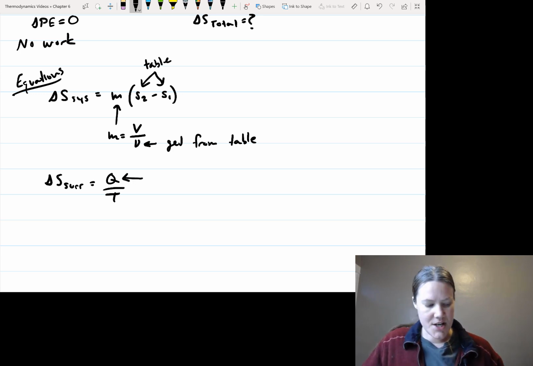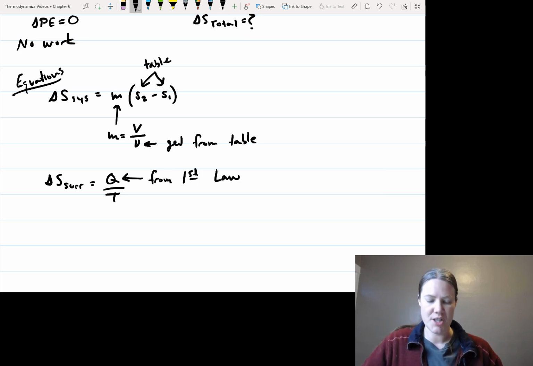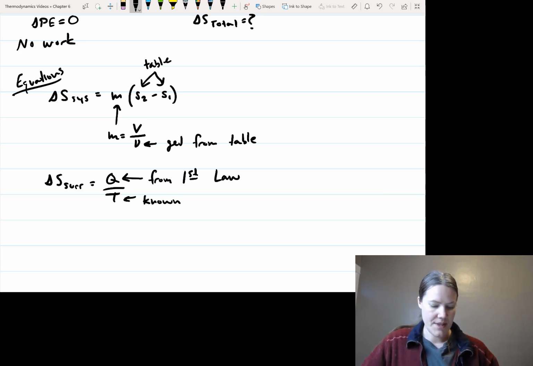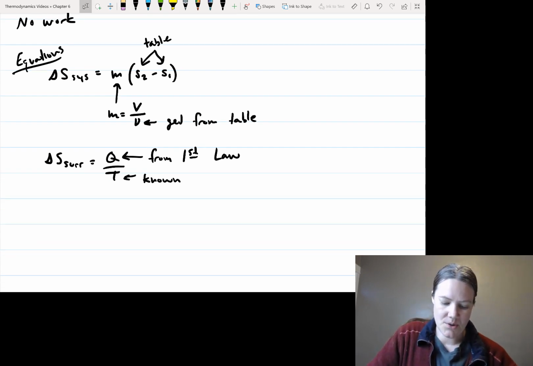So we're going to get Q from the first law. We're just going to solve the first law energy balance to get Q, and then T is known, so it was given. So let's write down the equation for first law energy balance.